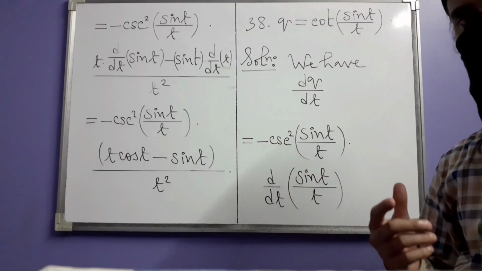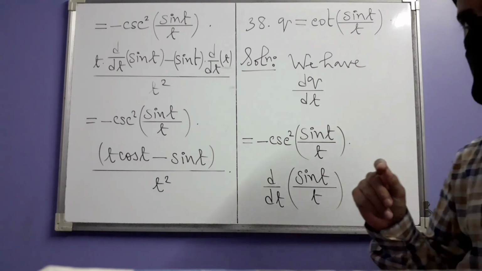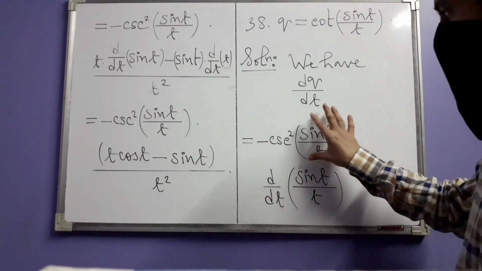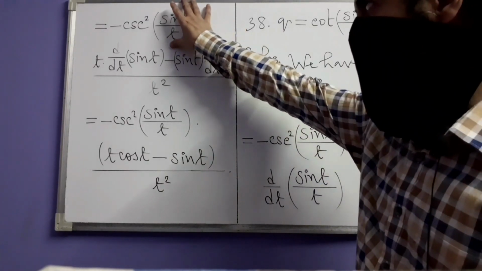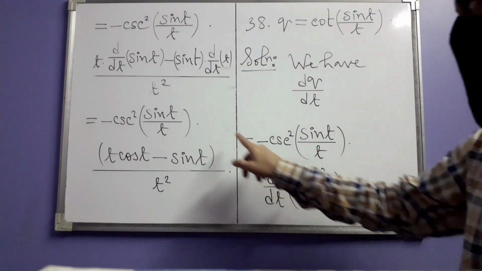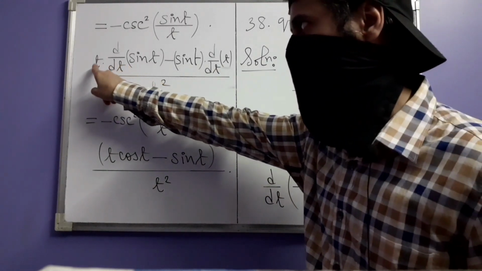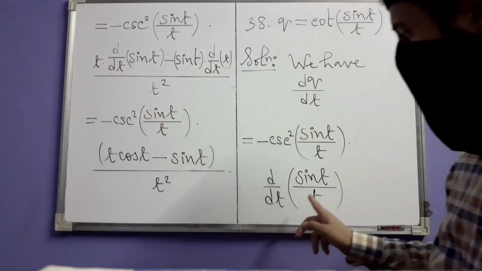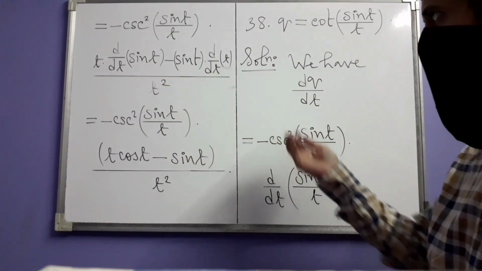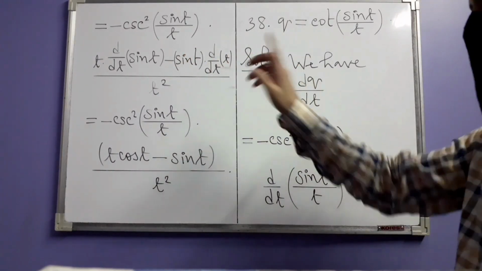I said it would be a little cumbersome because of this. You have to apply the quotient rule here, no other option. So then this part continues to be the same, and here we have applied the quotient rule. So the denominator gets squared, and in the numerator first you write the denominator as it is, that is t, multiply it with the derivative of the numerator minus the numerator times the derivative of the denominator.